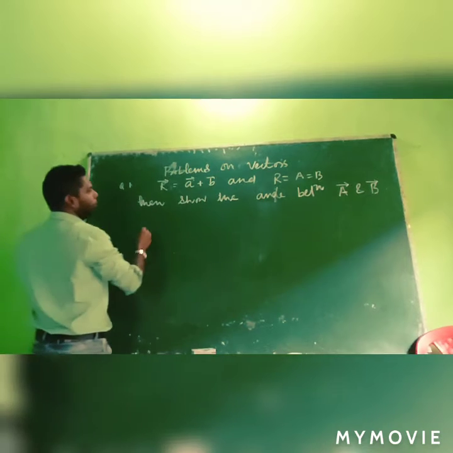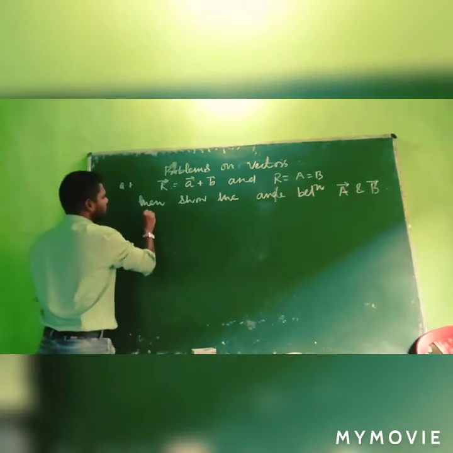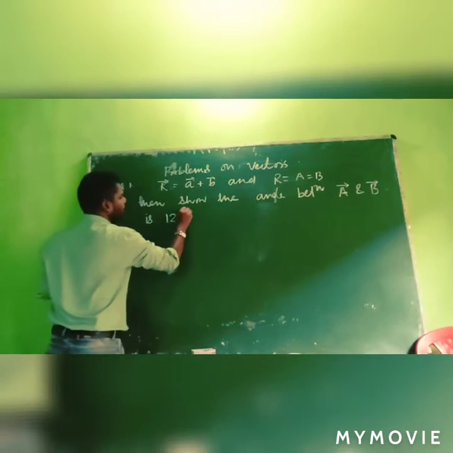Show the angle between vector a and b is 120 degree.